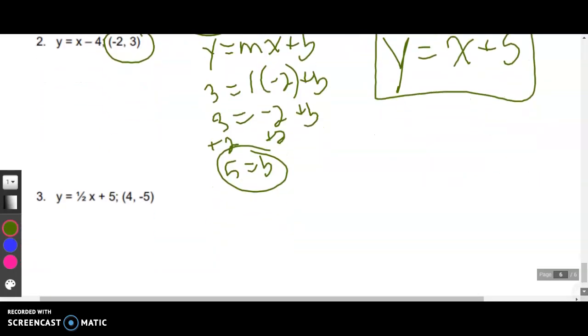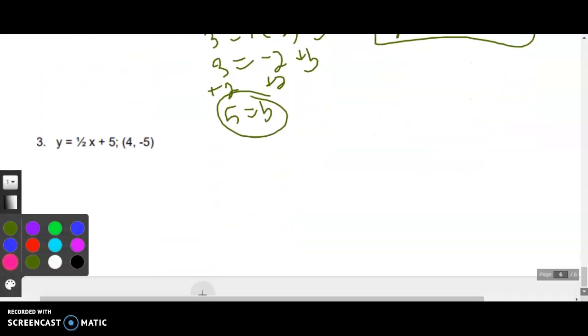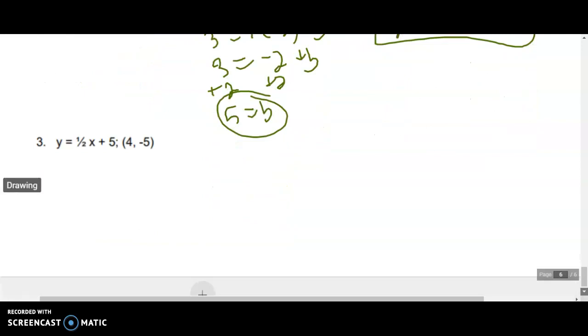And then finally, if we're parallel to this equation, that means that we have a slope of half. And if we go through this point, we have an x value of 4 and a y value of -5.